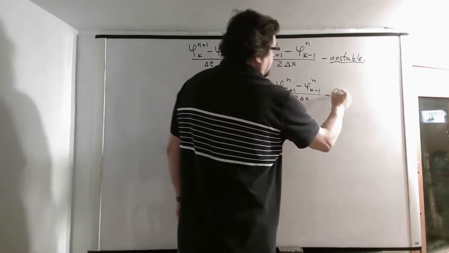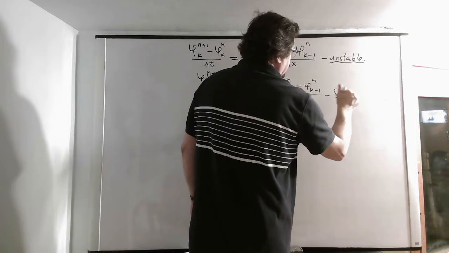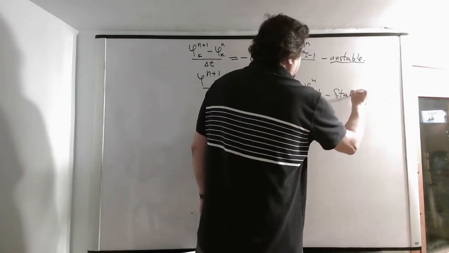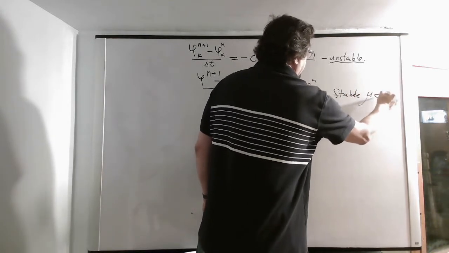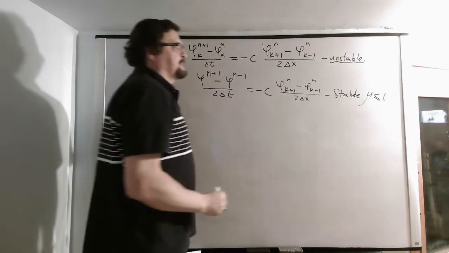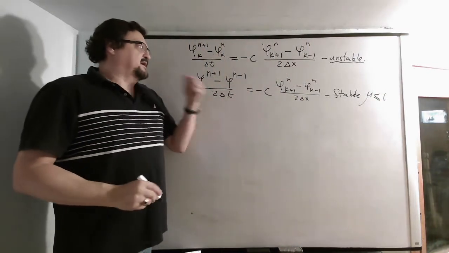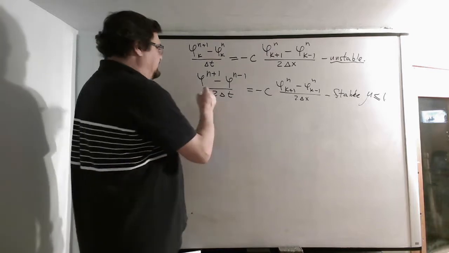And this one is stable for mu smaller than or equal to 1, which is okay, and it's leapfrog scheme.